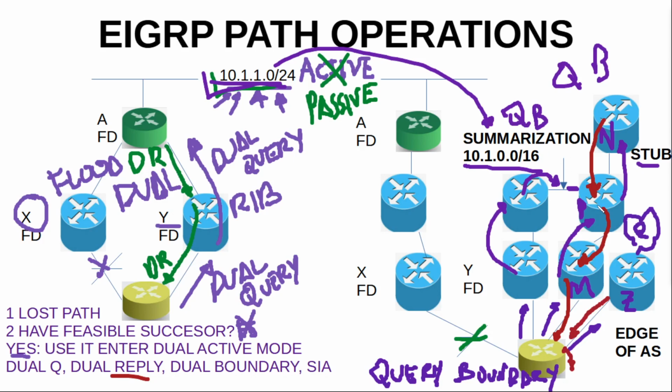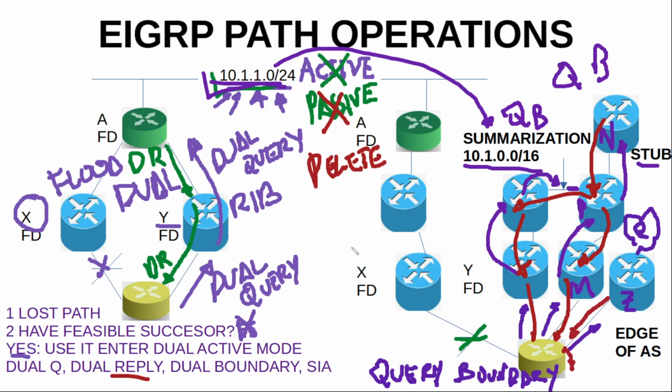So our response is sent back and is forwarded back to the originator. In this case, the yellow router notices that it has 3 neighbors, it has sent 3 DUAL queries, and it has received 3 DUAL replies. It reaches the conclusion that this prefix is no longer reachable and it will delete it from the topology table.